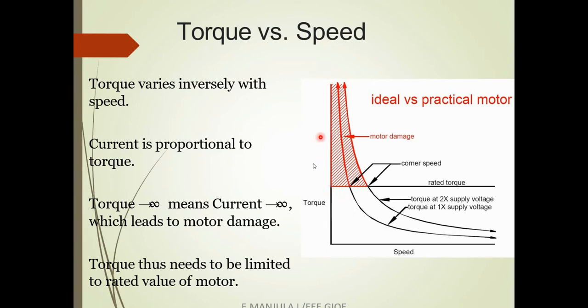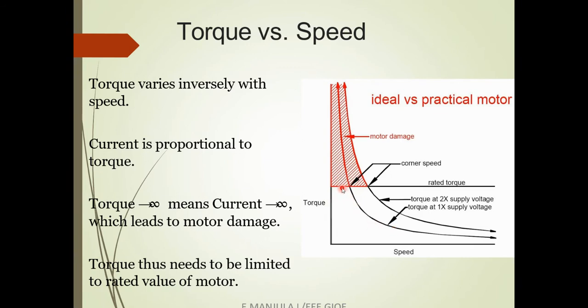Crossing the rated torque means you are providing more current than the rated current. Due to that, the torque will be high because torque is directly proportional to current. As the current increases, torque increases. So we have to operate any motor at its rated values only.